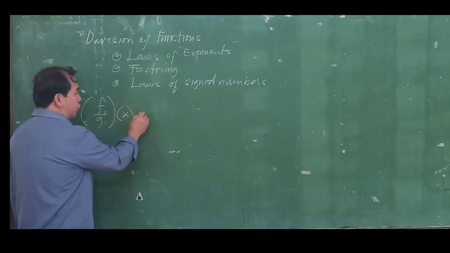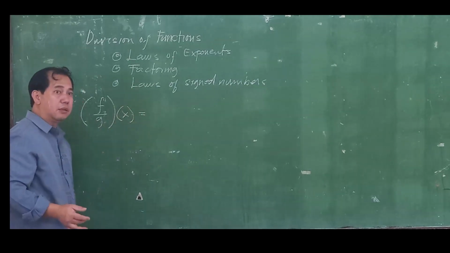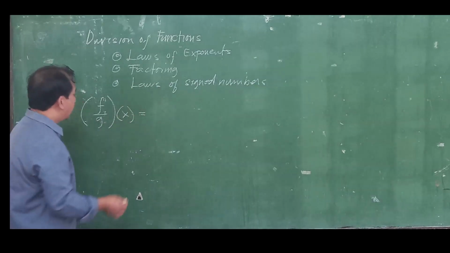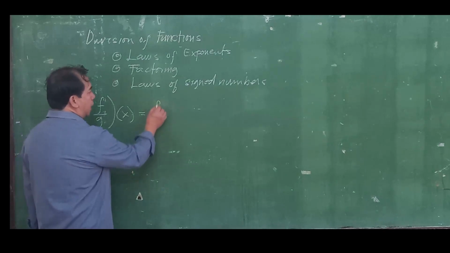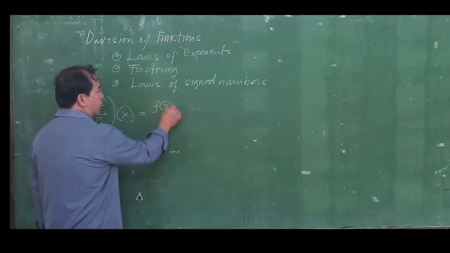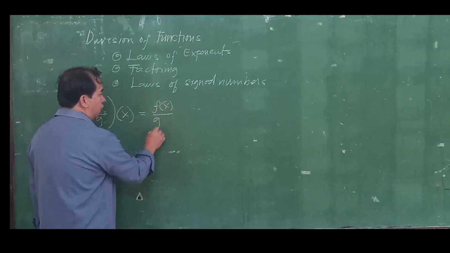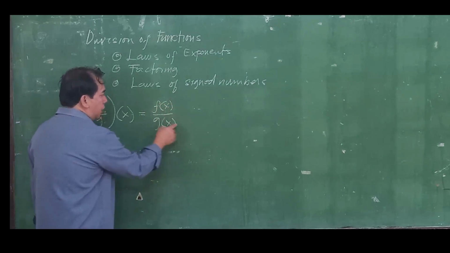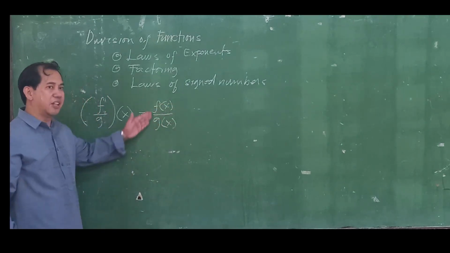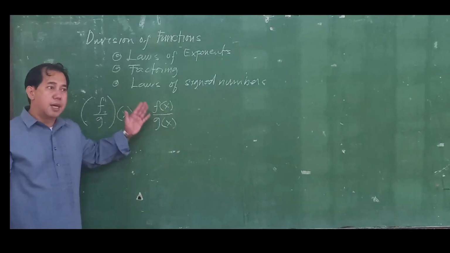Now, what would be the result if we are going to divide functions? The result will always be f of x over g of x. Meaning to say, this is the pattern or formula that you're going to use when you divide.